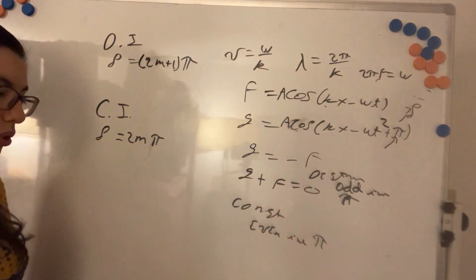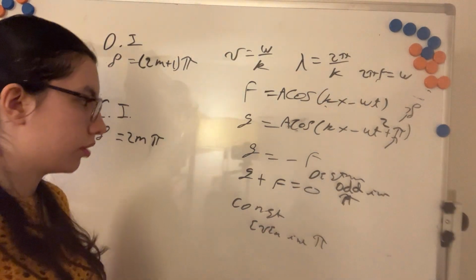So these are the conditions to have constructive and destructive interference.